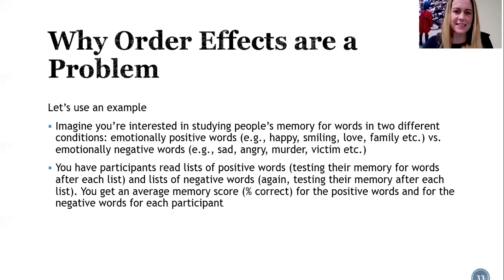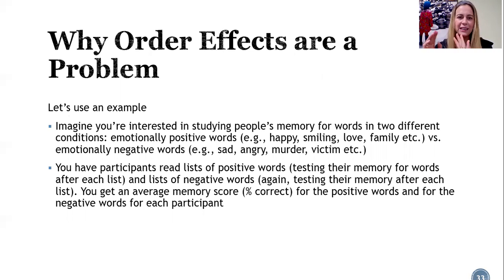Imagine you're interested in studying people's memory for words, and you want to know in particular whether the kind of words matter. You want to know whether people's memory for positive words is better than their memory for negative words. So you have participants read lists of positive words like happy, joyful, smiling, love, friends, and then we test their memory.